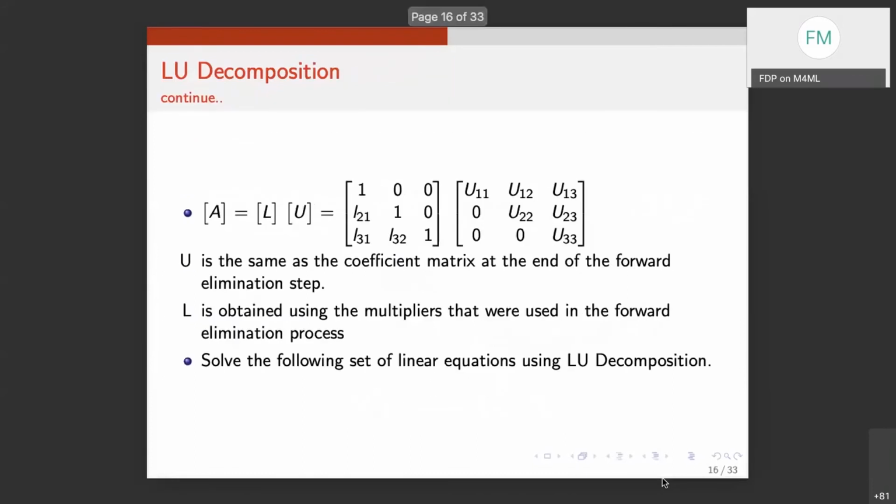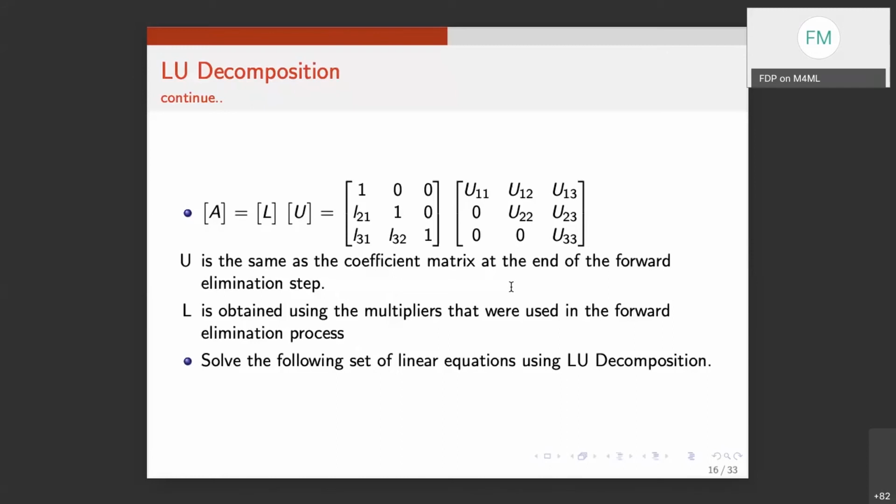So A can be decomposed into two parts, L and U. If you observe here, the diagonal elements of L will be 1, and U is the same as the coefficient matrix at the end of the forward elimination step. Similarly, L is obtained by using the multipliers that were used in the forward elimination.